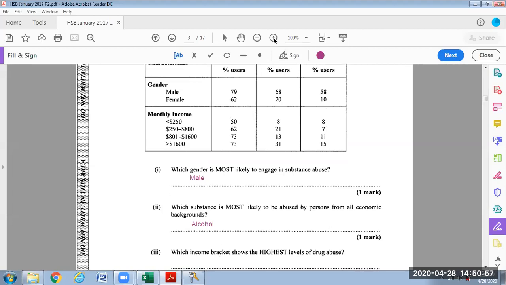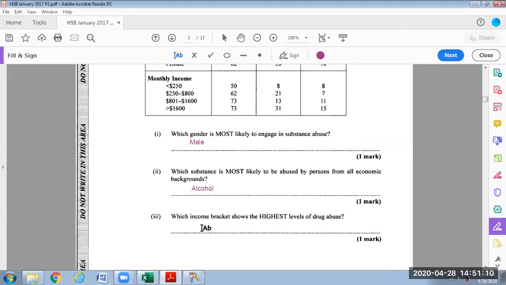Oh, income brackets. Okay, so we're looking at the figures now. If you were to add 73, 31, and 15, this would be the greatest amount of drug abuse. Persons who earn less than $1,600 per month. That's a little more than the salary grant.